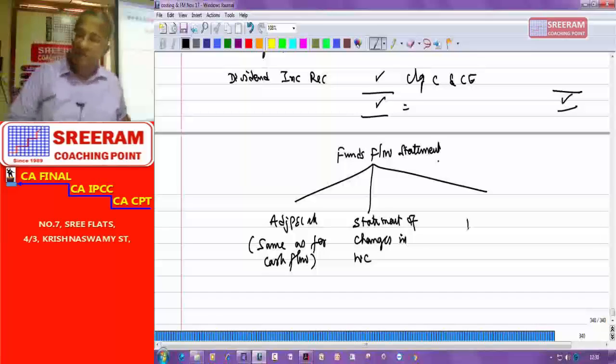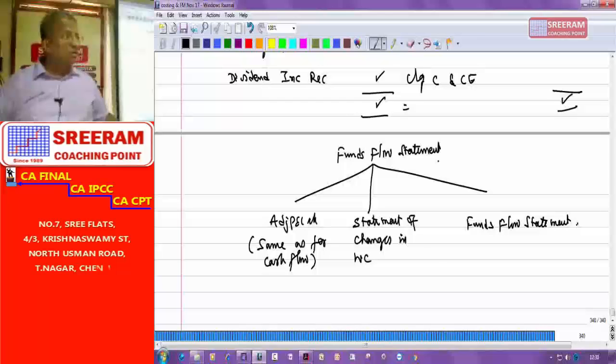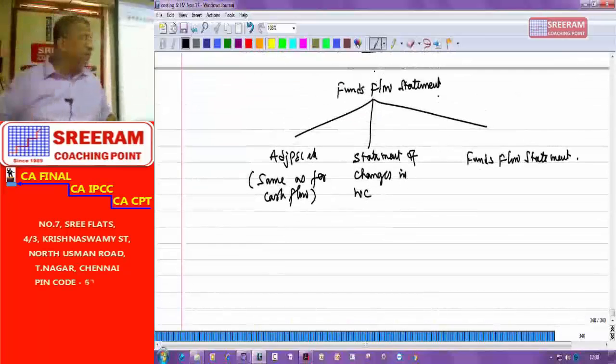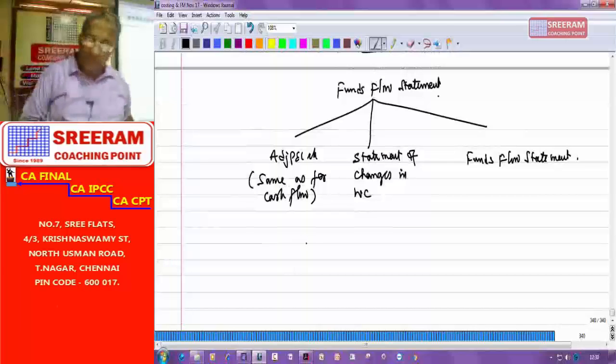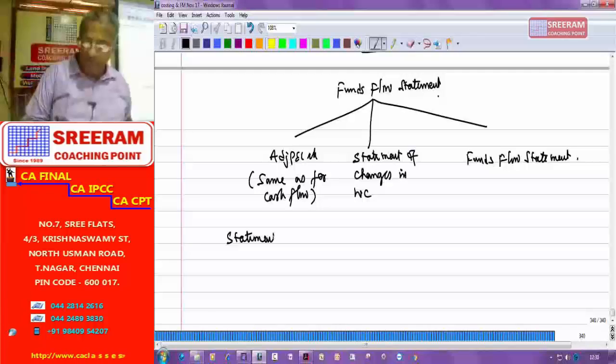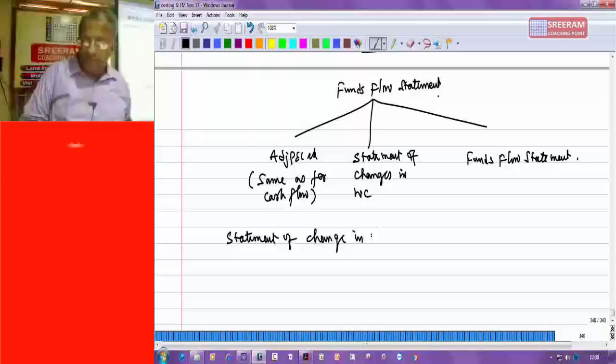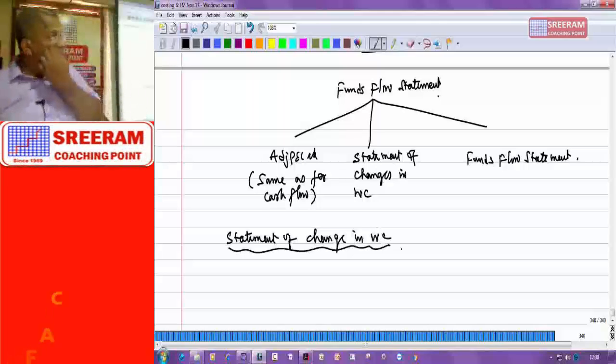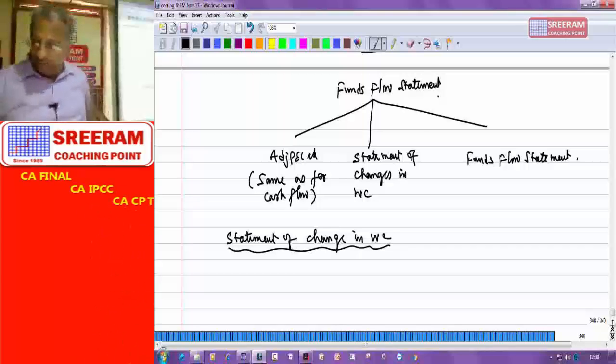Last one, fund flow statement. So the last two are a little different, which we will be bringing out. Now, the statement of changes in working capital. Then finally, I will tell you the fund flow statement format.